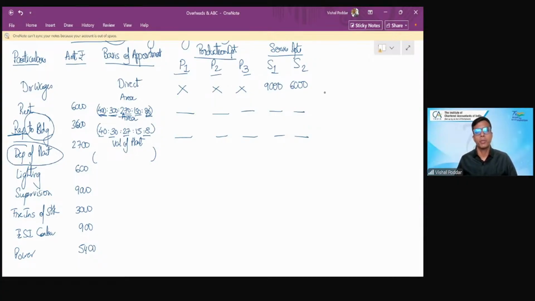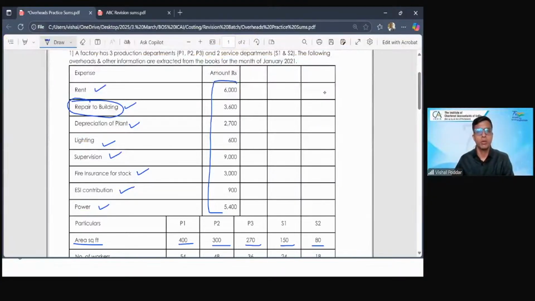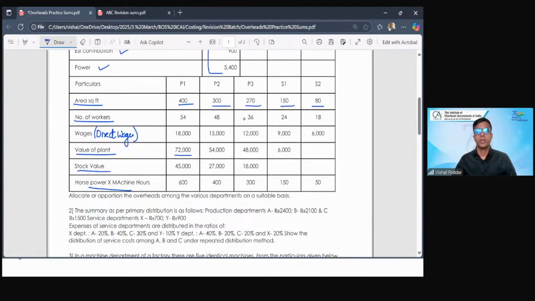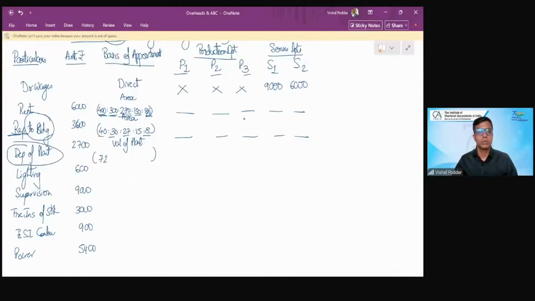Now, similarly for depreciation, I'll consider value of plant. So what is value of plant? 72, 54, 48, 6. Here I can very comfortably remove the zeros. So 72, 54, 48, 6 and dash.